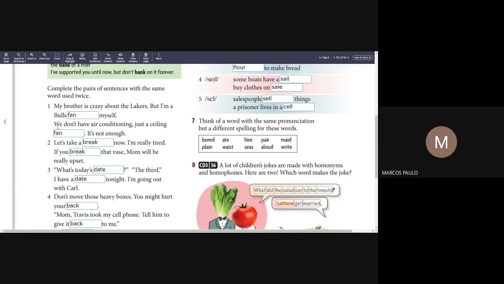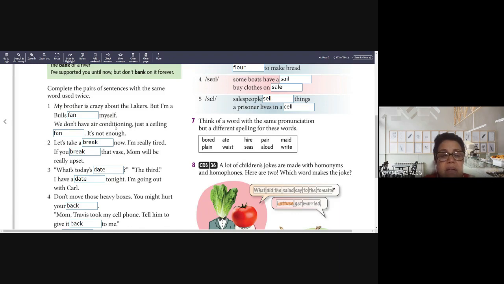We don't have air conditioning, just a ceiling fan. It's not enough. So here, guys, fan is the same as ventilador, okay? So here, the word has two different meanings.